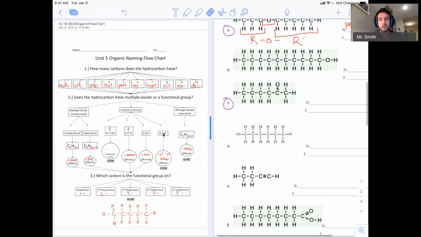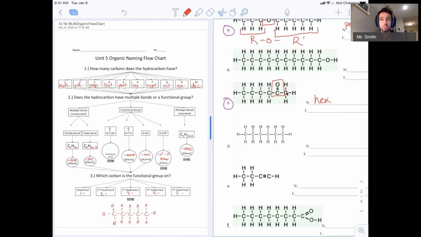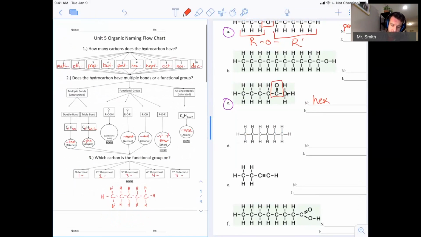Next question was 6C. So we'll go ahead and work on that now. This is a 2, 4, 6 carbon chain. So right away I can call that hex. And then we'll notice that the key functional group here is a C double bonded to an O. There are 2 things that have that: our ketones and our carboxylic acids. In this case, there's no OH. We don't see that there, so it's got to be a ketone.